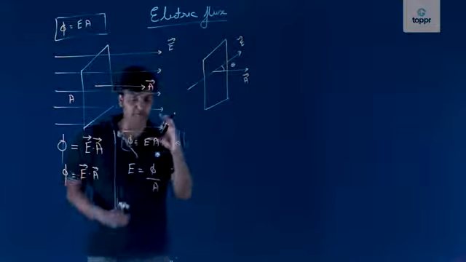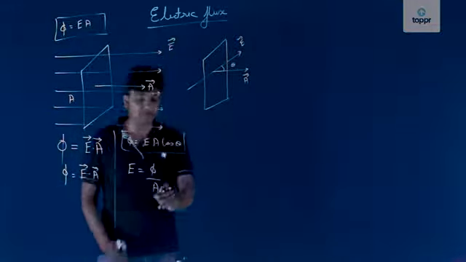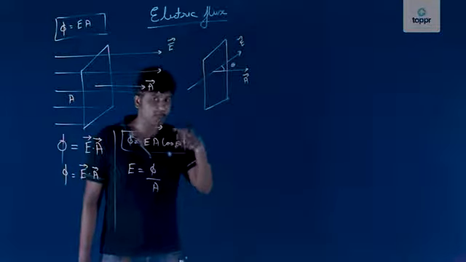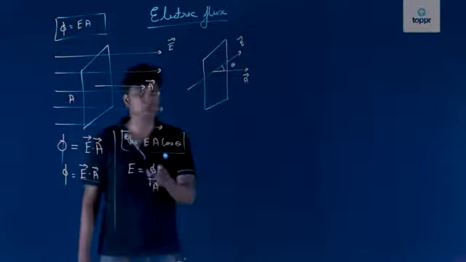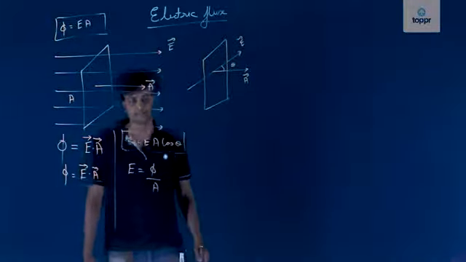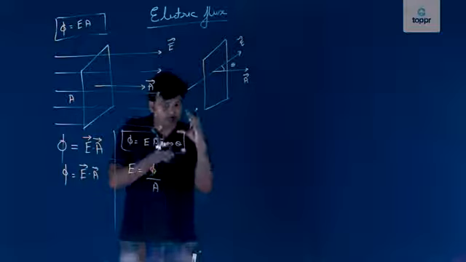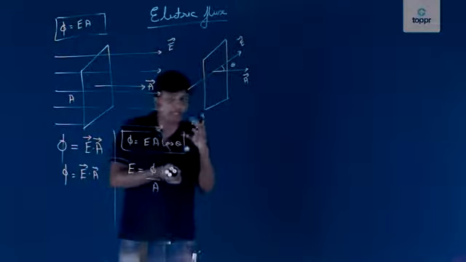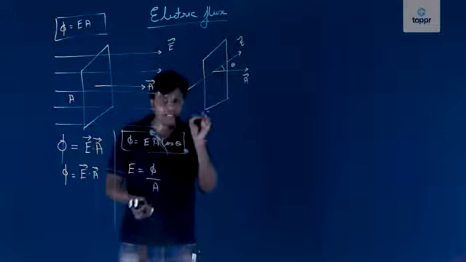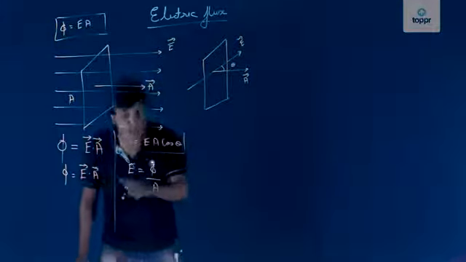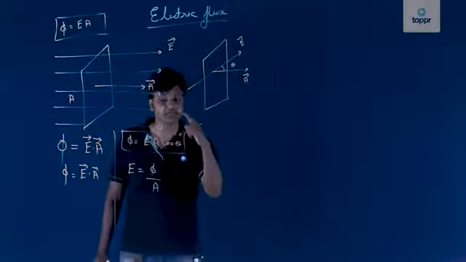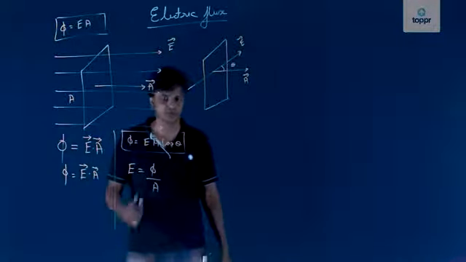If the area is less, however, in a given very small area, if the number of field lines is more, then flux is more, and because of which the magnitude of electric field is also more. So if we have a smaller area, and in that smaller area the electric field lines are greater, then the magnitude of electric field in that particular area is greater.